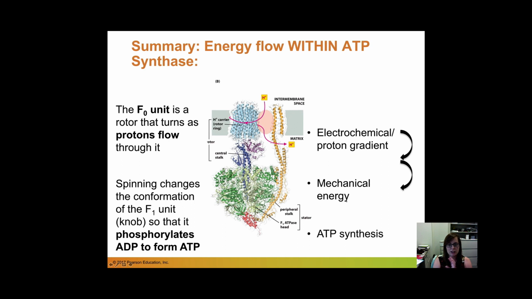So that rotation of the F0 subunit, also called the stalk, as protons flow through, and then that spinning changes the conformation of the knob, or the F1 subunit. And that conformational change then phosphorylates ADP to make ATP. So we've gone from an electrochemical gradient to mechanical energy to ATP synthesis.